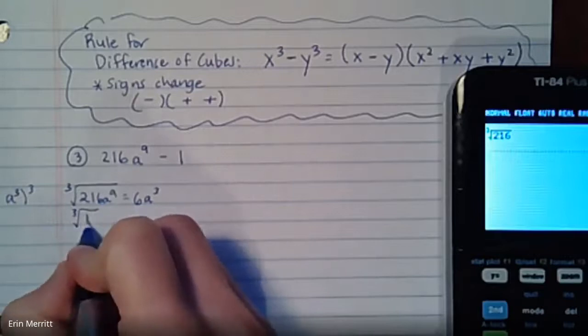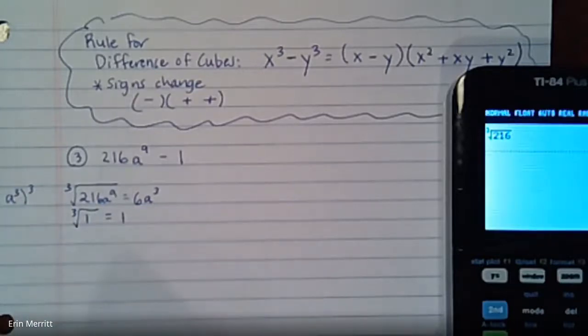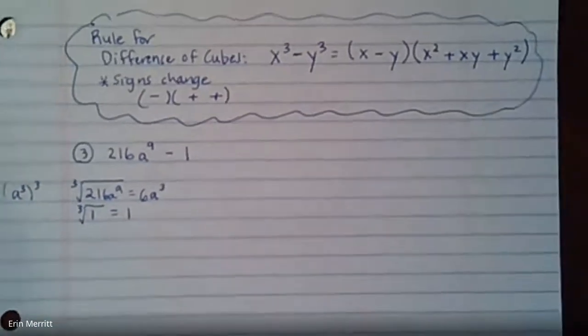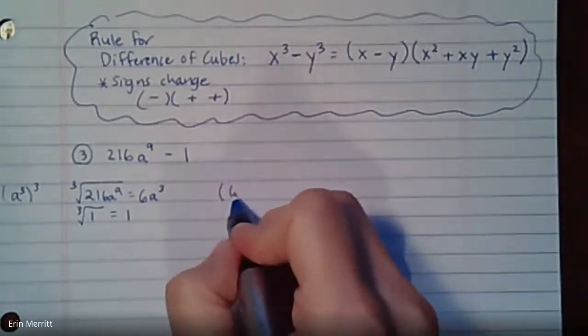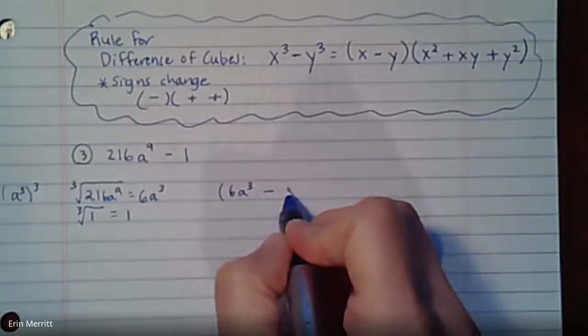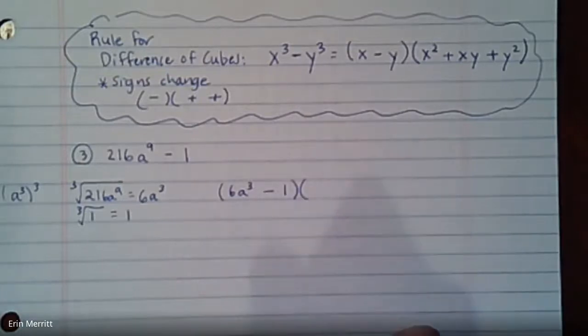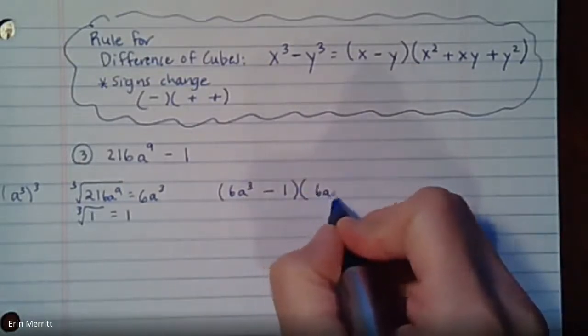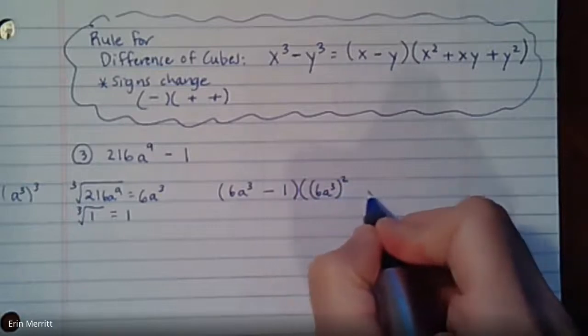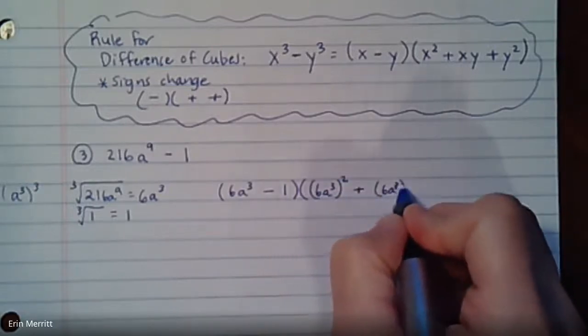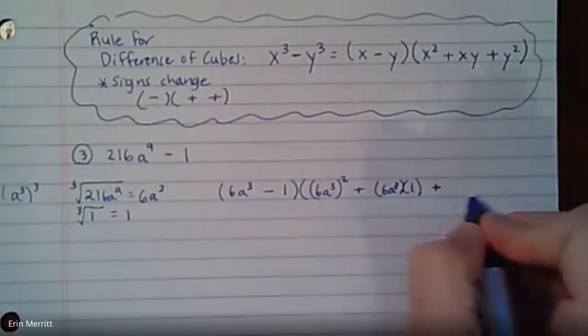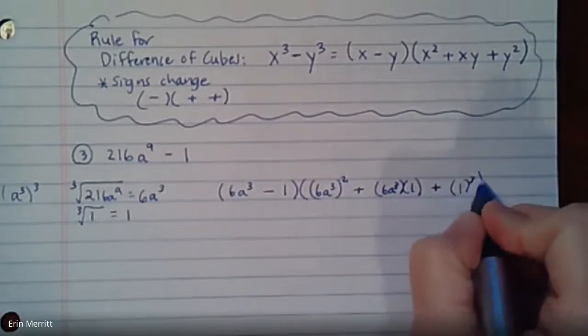The cube root of 1 is just plain old 1. All right. And so now when we set this up, into the first parenthesis we'll go 6a cubed minus 1. Into the second parenthesis is the first term squared plus the product of the two, so 6a cubed times 1, plus the last term squared.